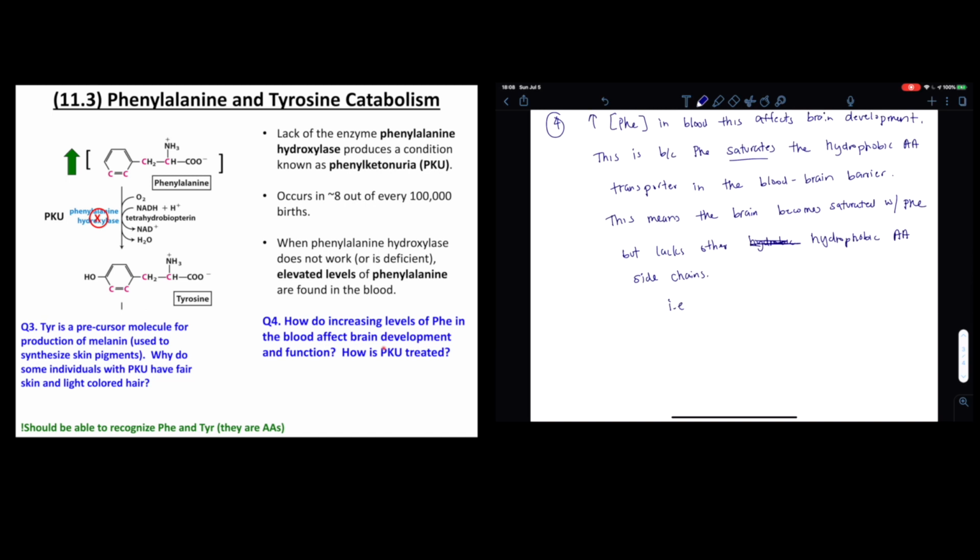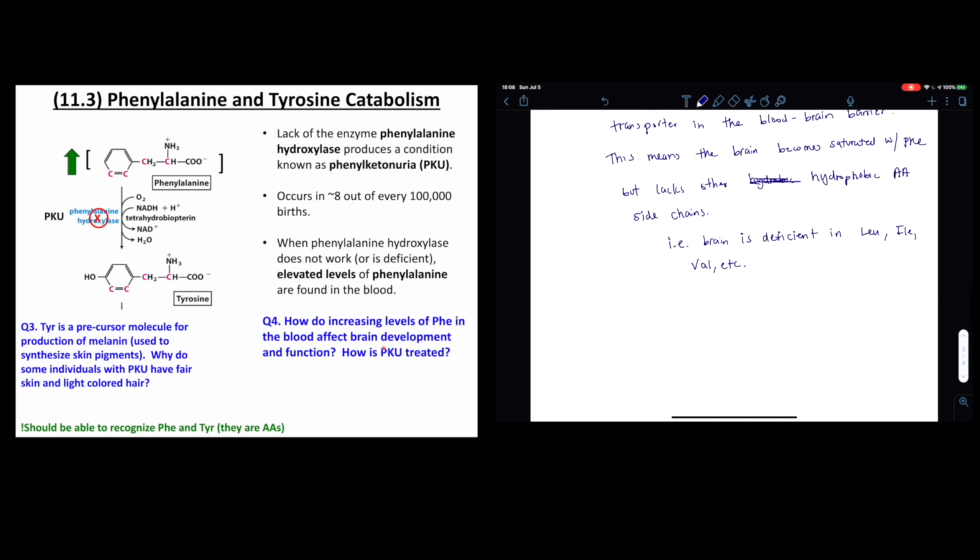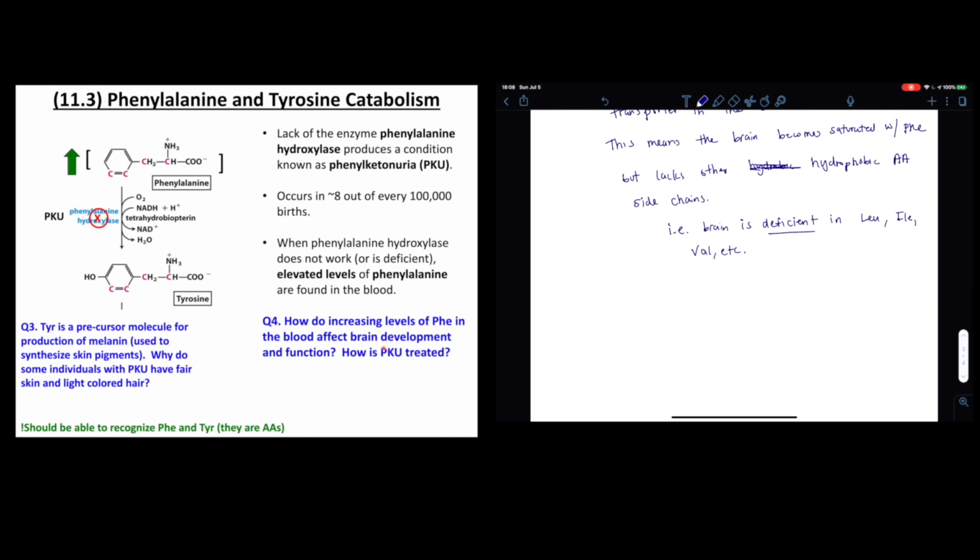Okay, so the brain is deficient in things like leucine, isoleucine, valine, etc. And because of this deficiency, there is lack of brain development.